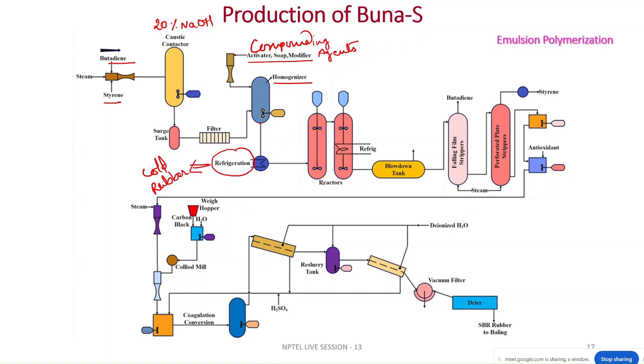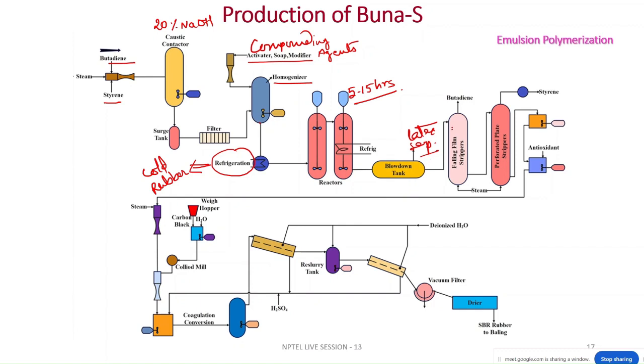Then it is sent to a series of stainless steel reactors, about 6 to 12 reactors in series, with continuous mixing in the stirred reactors. The polymerization takes around 5 to 15 hours, and then the mixture is sent through the blow down tank where the unreacted material is separated out.